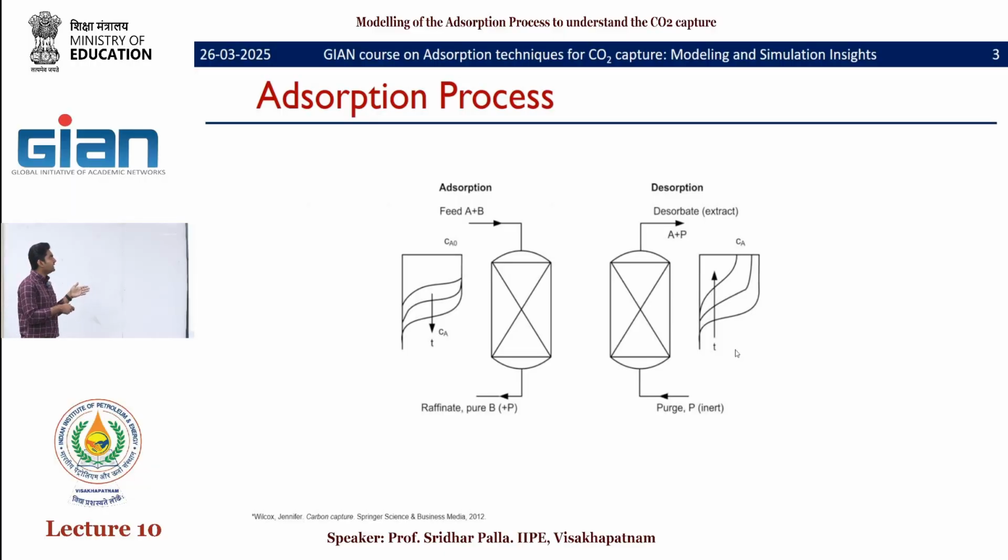Again we feed the flue gas to get the pure gas and the desired gas out of it. If we keep repeating this, it is an adsorption cycle. This process is called the cycle. There are multiple ways of doing this: pressure swing adsorption, temperature swing adsorption, and there are also hybrid swing adsorptions. In the coming lectures, we will discuss those techniques.